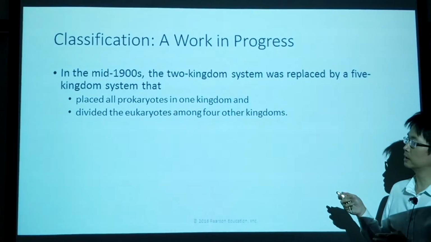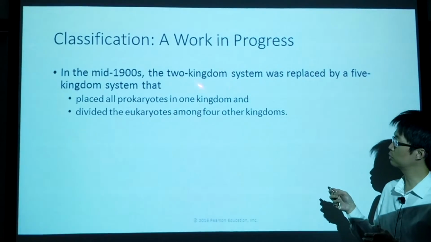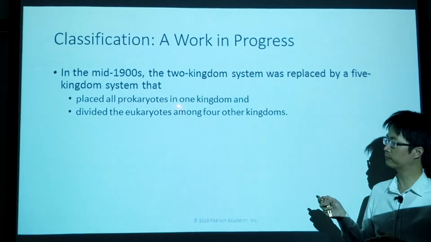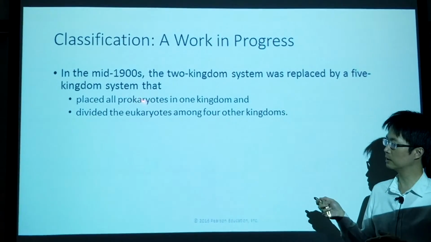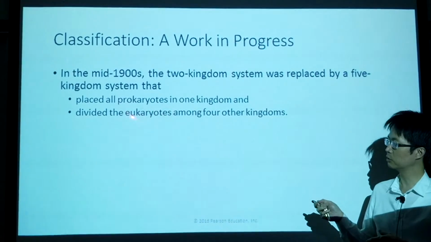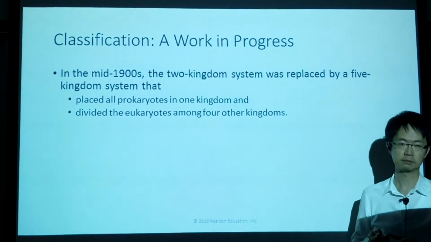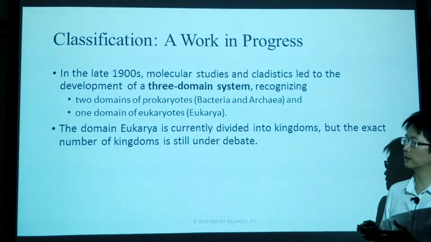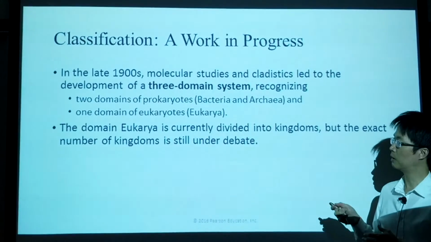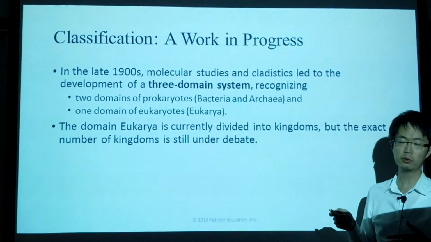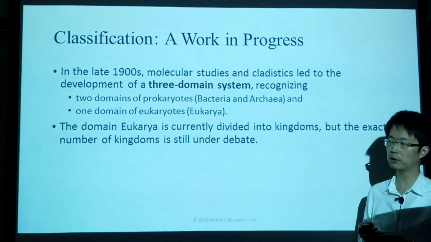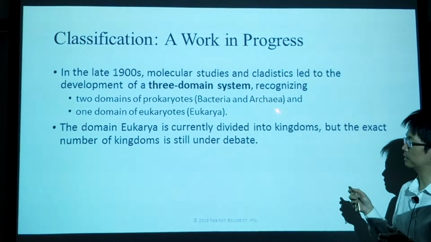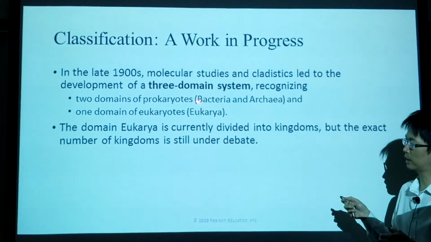In the mid-1900s, we divided the two kingdoms into five kingdoms. So we have the prokaryotic kingdom, and then we divide the eukaryotic kingdom into four other kingdoms. But in the late 1900s, in addition to the kingdom, we have three domains developed on top of it. Two of the domains are called bacteria and archaea, and one domain is called eukarya.